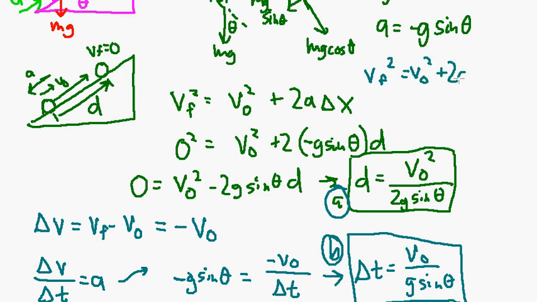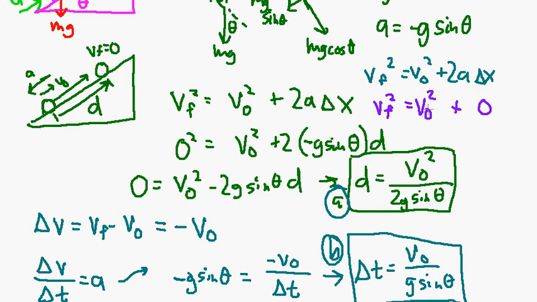Let's switch to purple. Delta x is going to be 0, which means that whole term is going to be 0. So v final squared equals v initial squared. The reason this works is because these are squared. Initial velocity is upward, right? V naught went uphill.